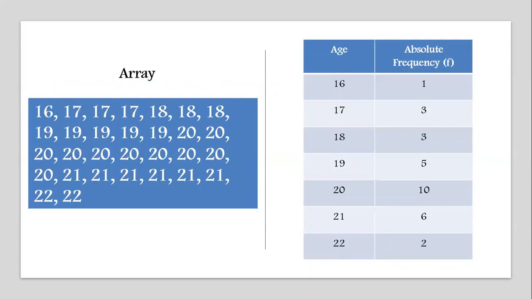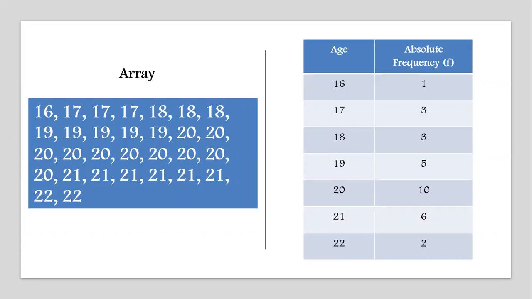So here's an array of scores for the variable age. As we can see, everyone in our data set ranges in age from 16 to 22. On the right-hand side, you will see our absolute frequency distribution table.